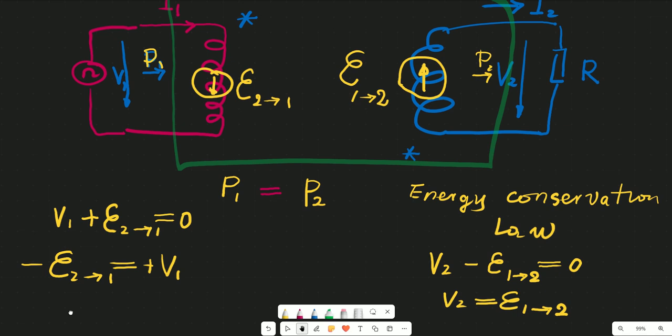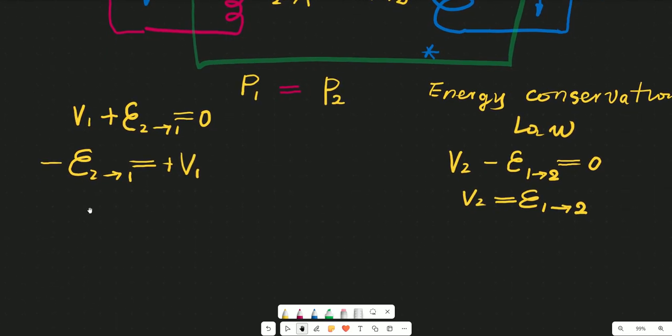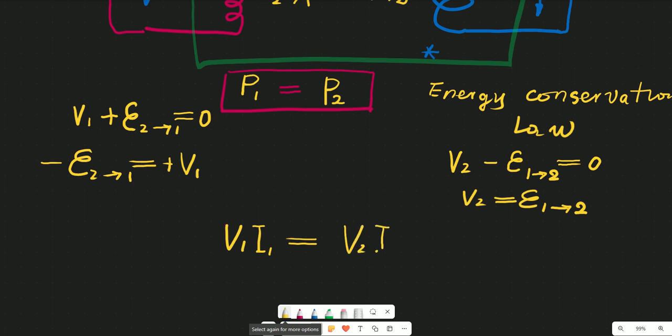We put this result to, so this is our energy law, energy conservation law. This can be written as, if we talk about the average power, the power is average.